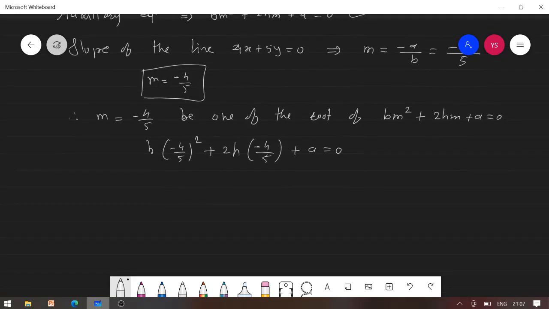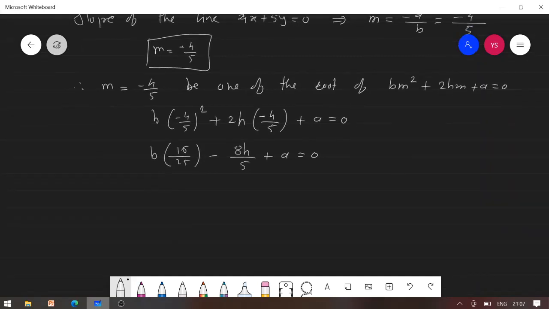Now minus 4 by 5 the whole square becomes 16 by 25, plus minus 4 twos are 8h divided by 5, plus a equals 0. Let us multiply throughout the equation by 25. We get 16 times b minus 5 fives are 25, 8 fives are 40h, plus 25a equals 0.